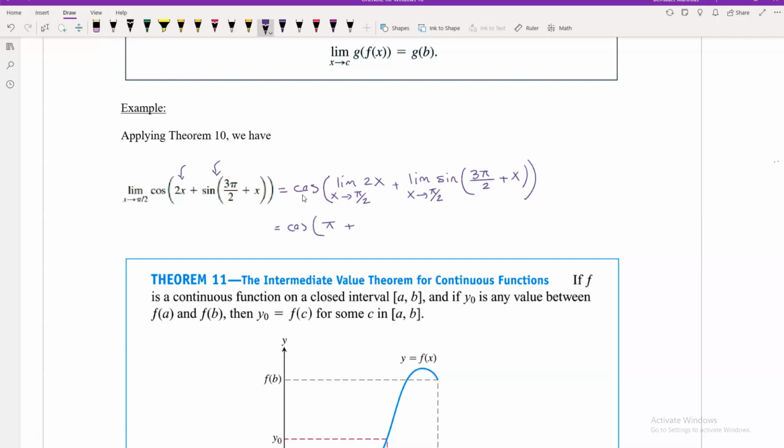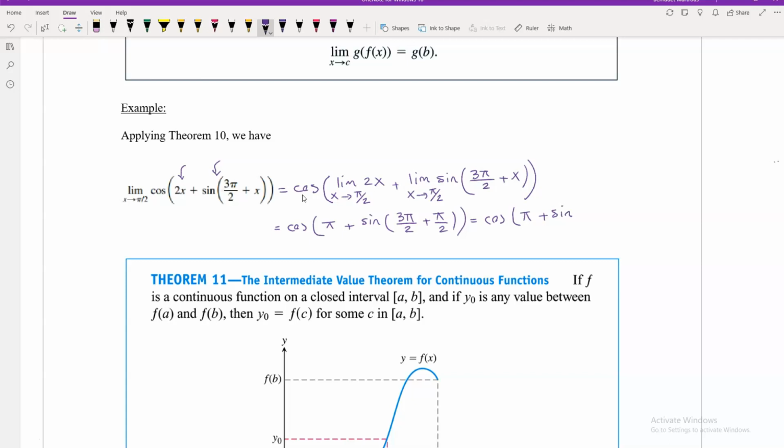Now here again, for x, we have pi over 2. So we're going to have sine 3 pi over 2 plus pi over 2. So that is cosine pi plus sine.